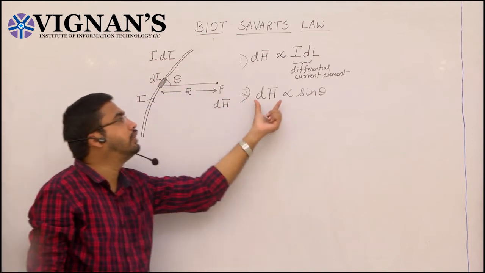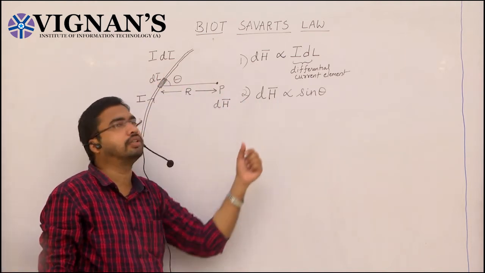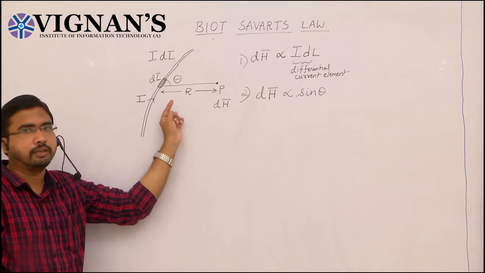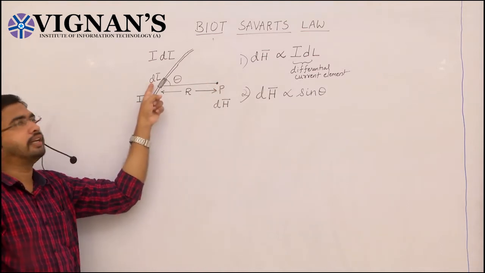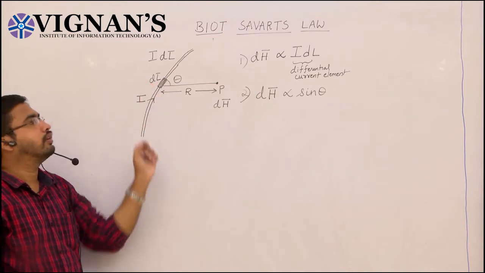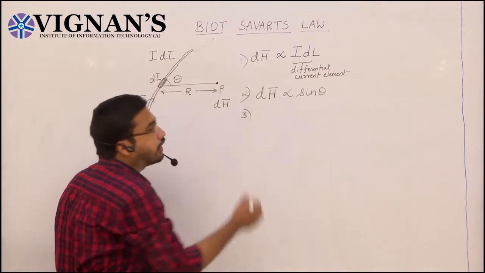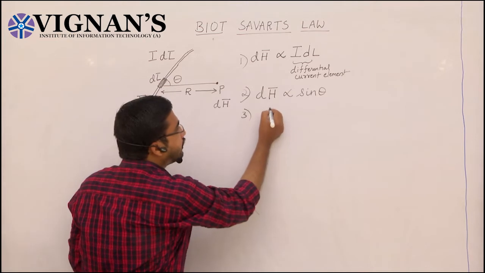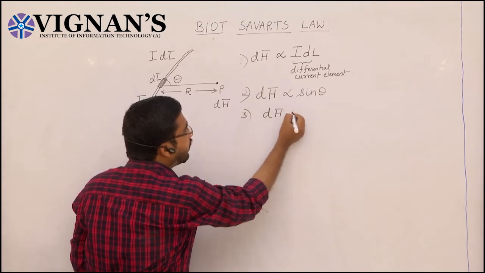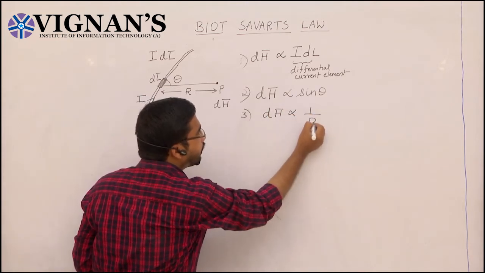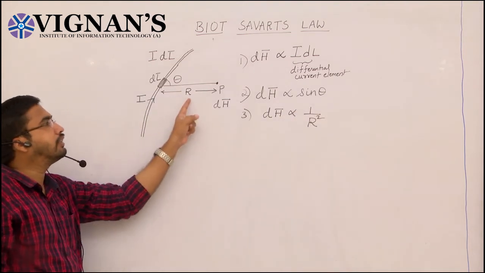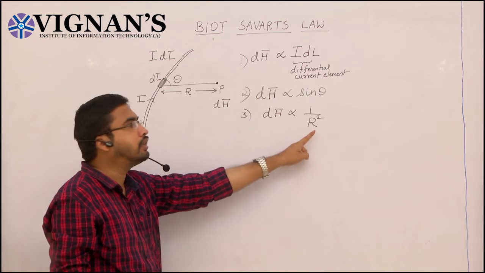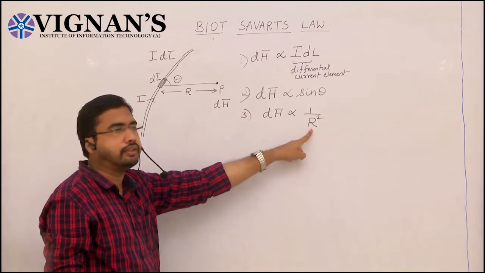Now the third observation is that this differential magnetic field intensity dH is inversely proportional to the square of the distance between them.